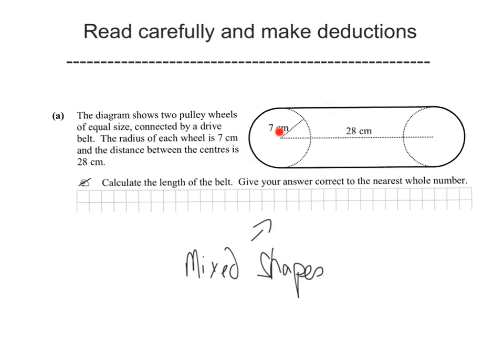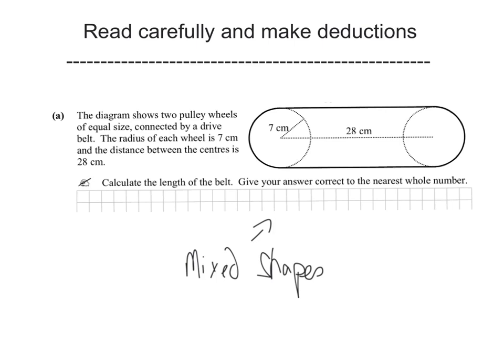And the wheels are pulling the belt around. And also, it wouldn't make much sense for the belt to be this section here, because we're already given the length of this. So why would they ask to calculate the length of the belt if they already give us the length of the belt? So clearly the belt is the thing, like a bicycle chain. It's going around the wheels here, and this is what we need to get the length of.